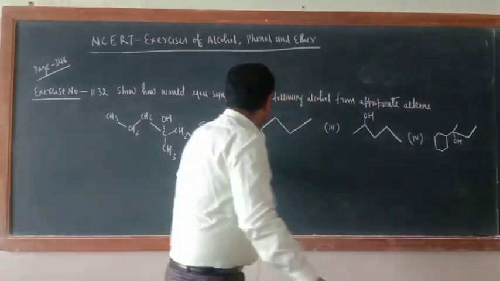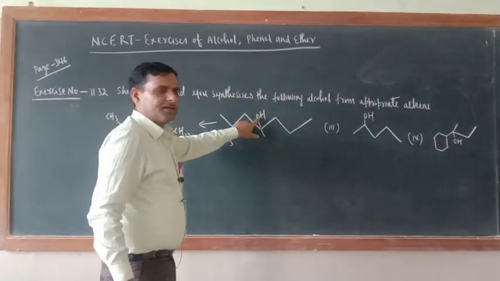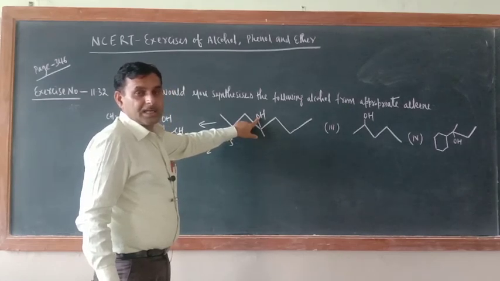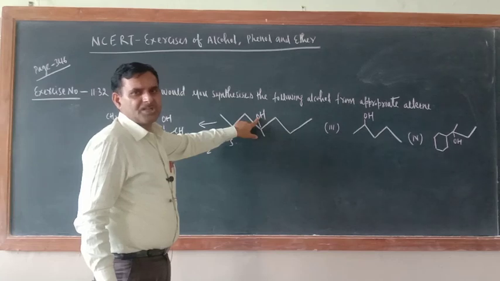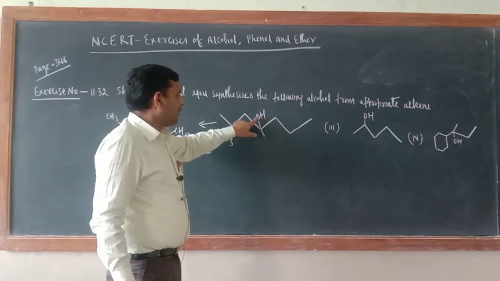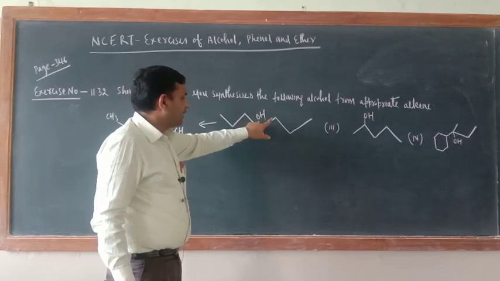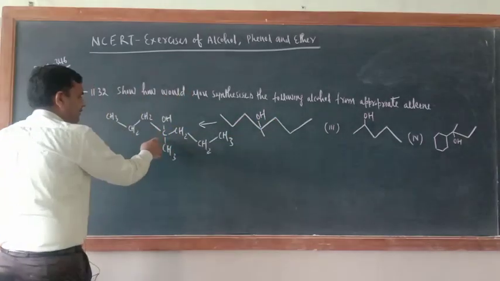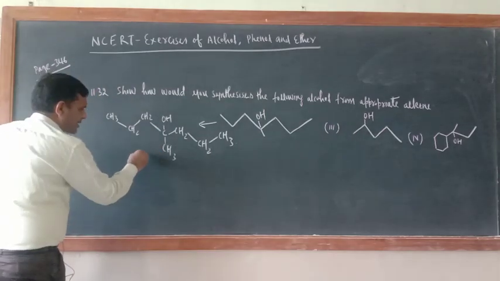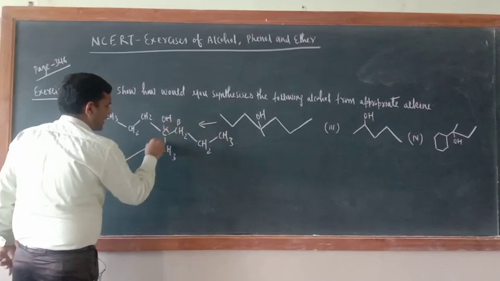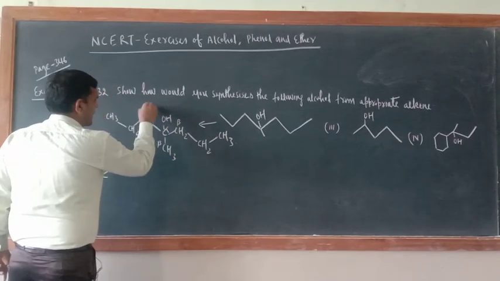In the second one also OH is here, and dehydration of alcohol is an example of elimination reaction. So OH will go from here, and one H may go from here or here. That is why I wrote like that. This is alpha, this is beta, this is also beta, this is also beta.